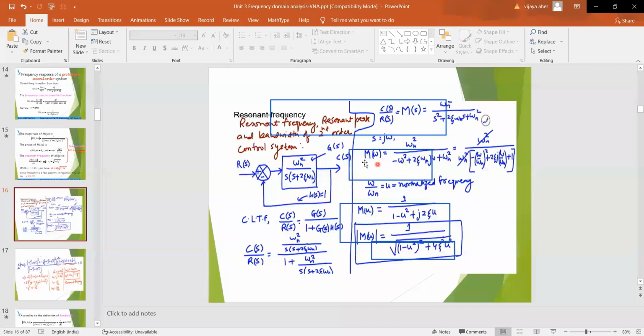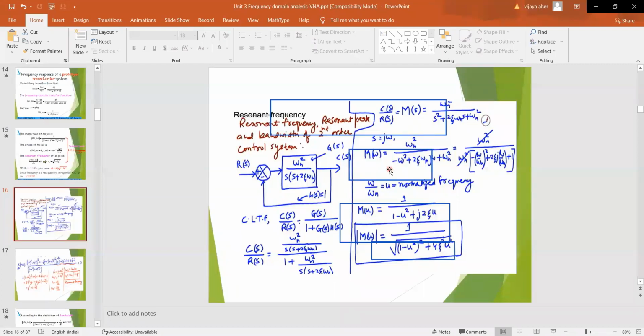So you will get the equation M of omega is equal to omega n square divided by S square, which is j omega whole square, j square is minus 1, so minus omega square, plus 2 zeta omega n, S replaced by j omega, plus omega n square. This omega n square and this omega n square get cancelled if you take common.